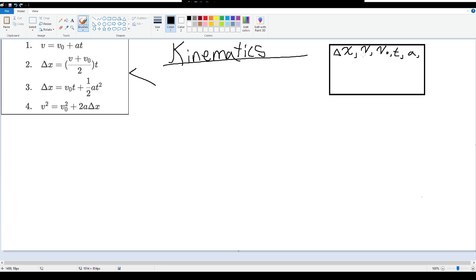V, which is sort of the final or ending velocity. V0, which is the initial velocity. In our physics class, we would put a 1 here to signify that better. T is time, obviously, and a is acceleration.